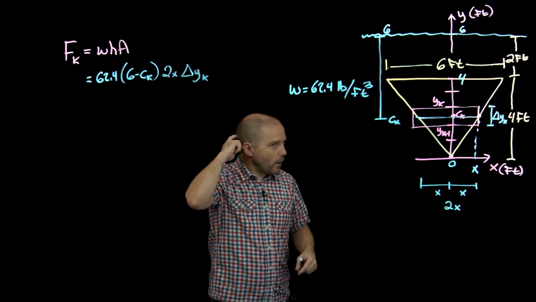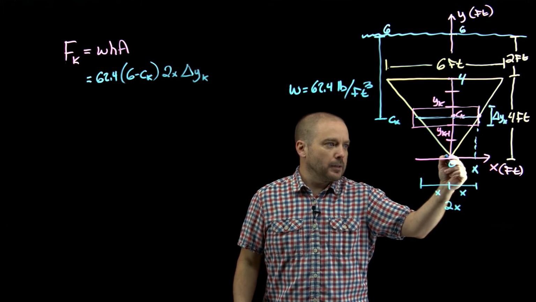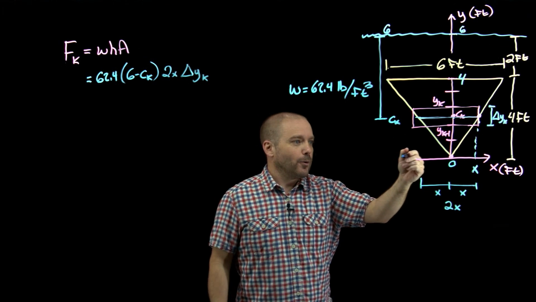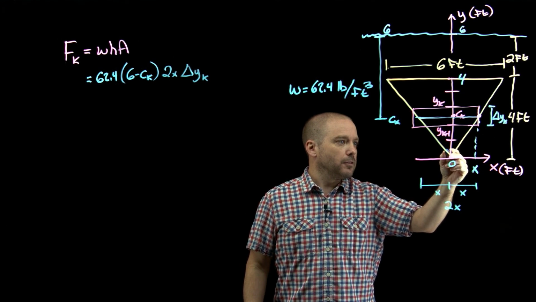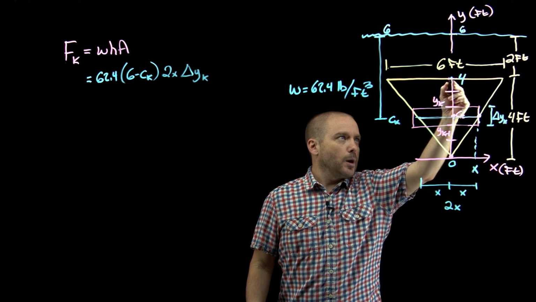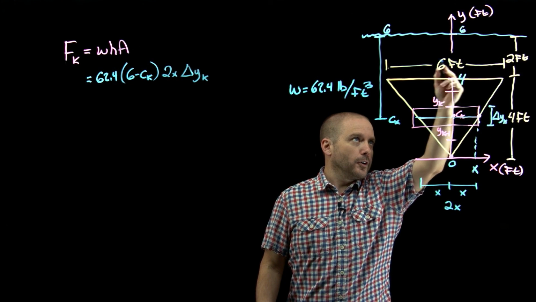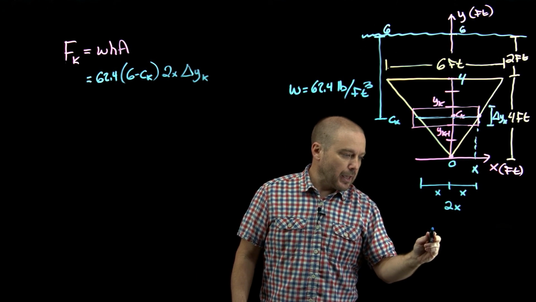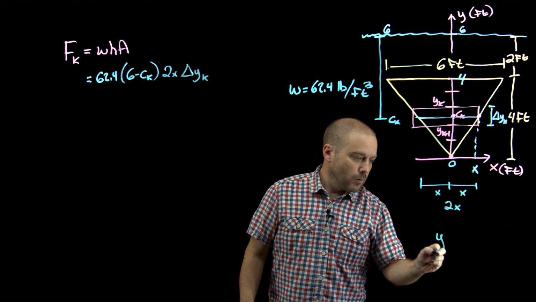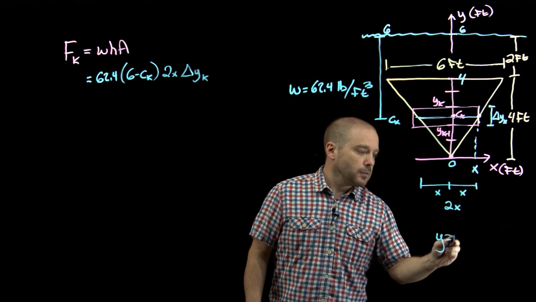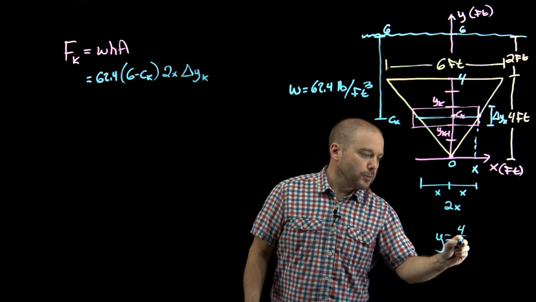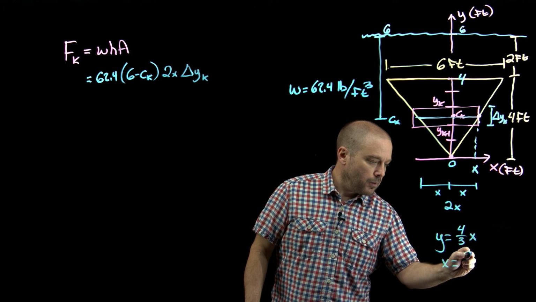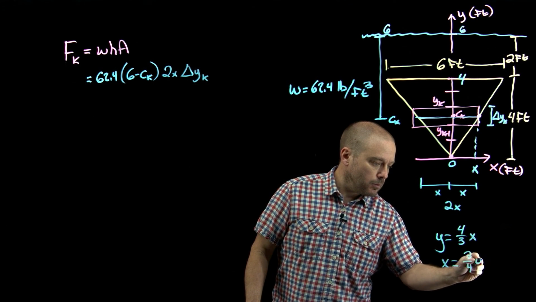So what is the equation of this line? Well, this is where it's nice. It's passing through the origin. So we know that part of it. We just need to figure out the slope. It goes up 4 and over half of this 6, so 3. So the equation of that line is y equals 4/3 x, or x equals 3/4 y.